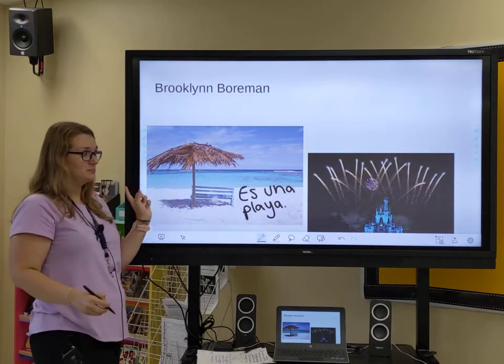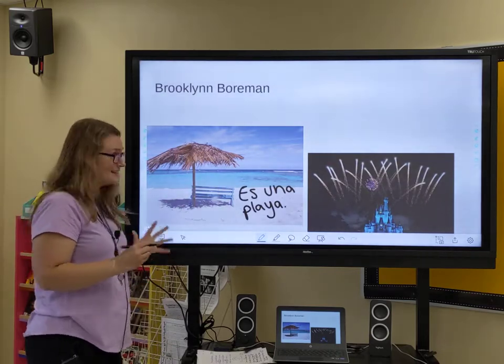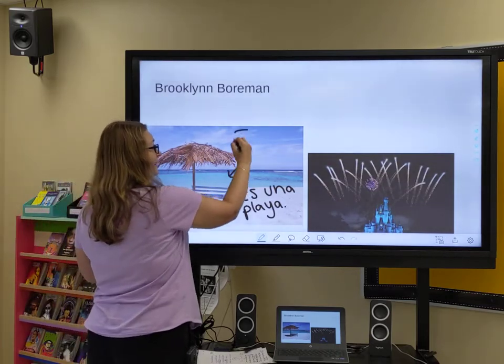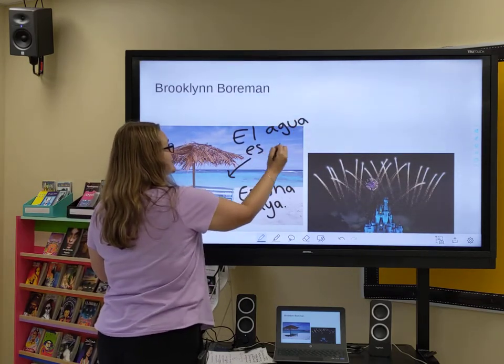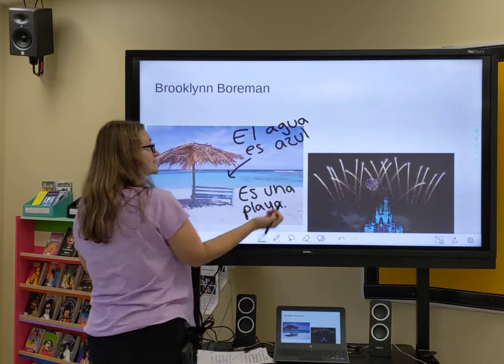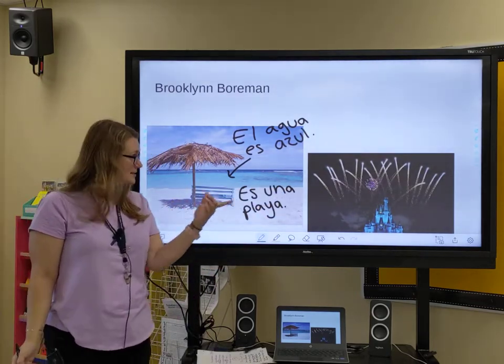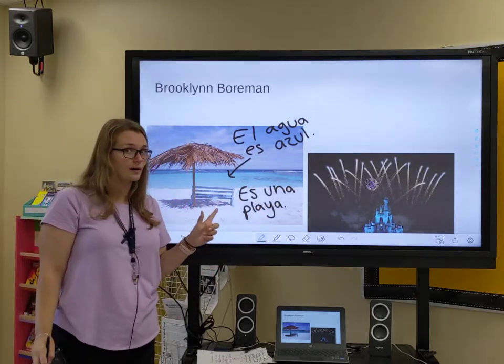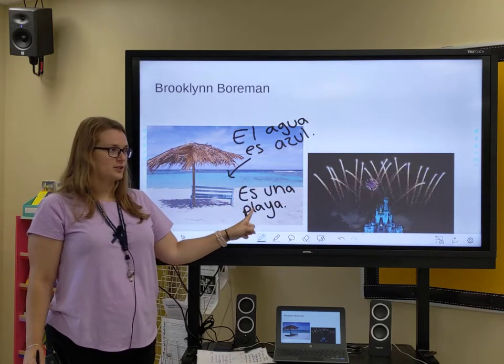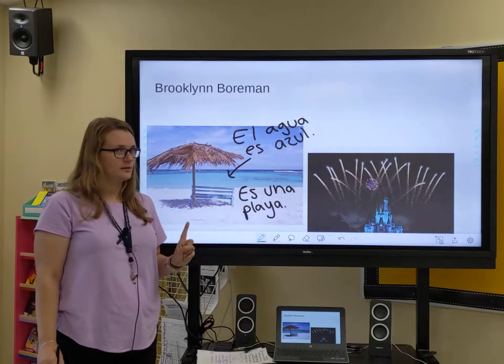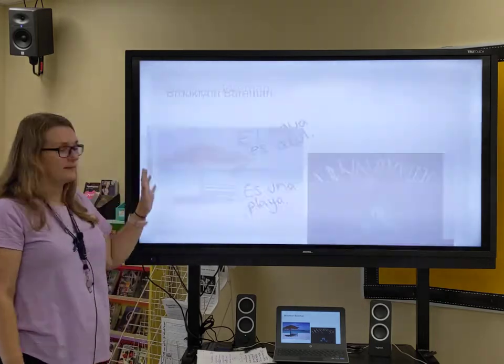It's a beach. Y el agua es azul. That's another description, right? El agua es azul. El color. So make sure you have her name. Spanish, English. Spanish, English.